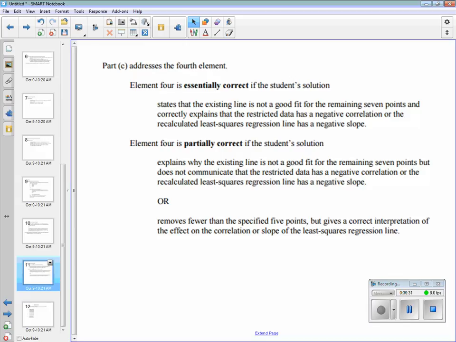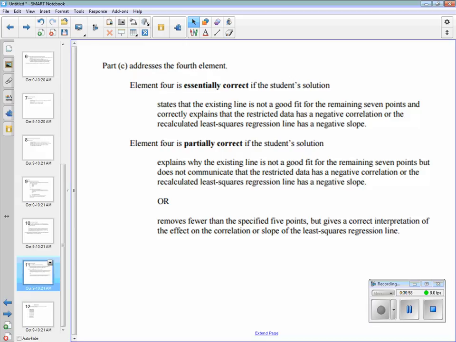If you only said no, it's an I, because you had to say the explanation to get a P. Because it doesn't say that it makes the line negative, I don't think that's correct.